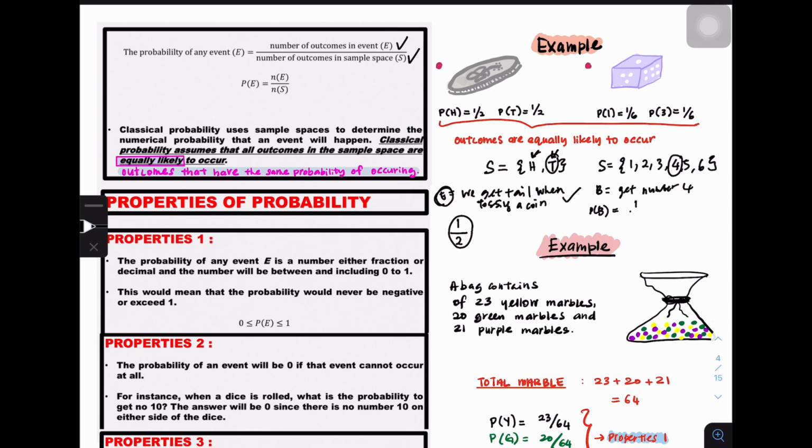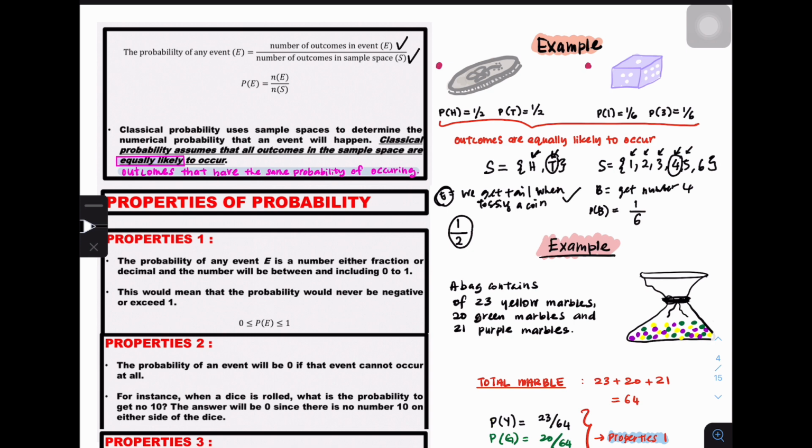So, 1 per dengan the total number of outcomes in the sample space, we have 6. So, the probability we will get number 4 adalah 1/6 when we roll a die. Okay, so that is how we find the probability of any event, by taking the number of outcomes for that event divided by the number of outcomes in the sample space.